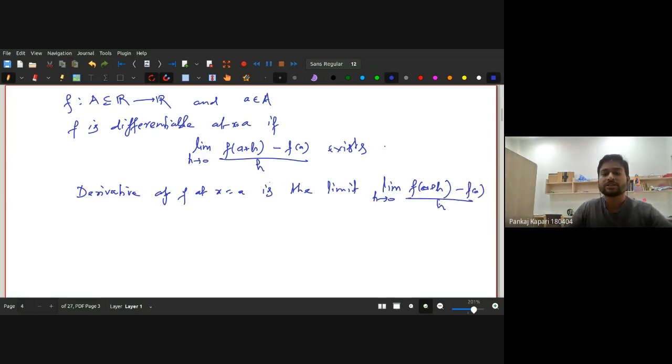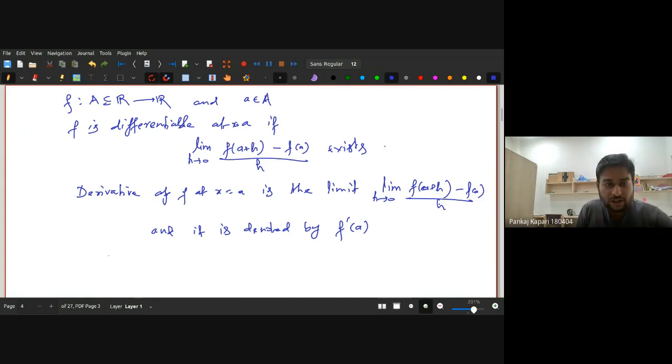So this limit is called the derivative of f at a, and this limit we denote by f dash at a. Okay, so this is the limit.